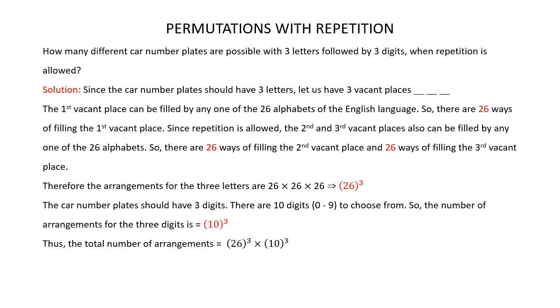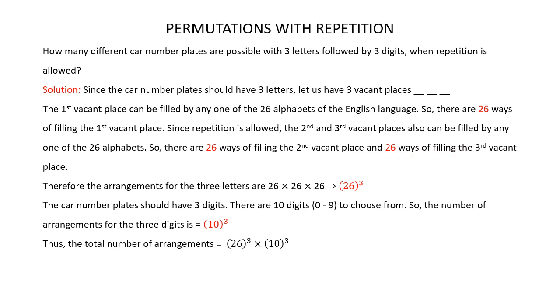Now since repetition is allowed, the second and third vacant places also can be filled by any one of the 26 alphabets. So there are 26 ways of filling the second vacant place and 26 ways of filling the third vacant place.